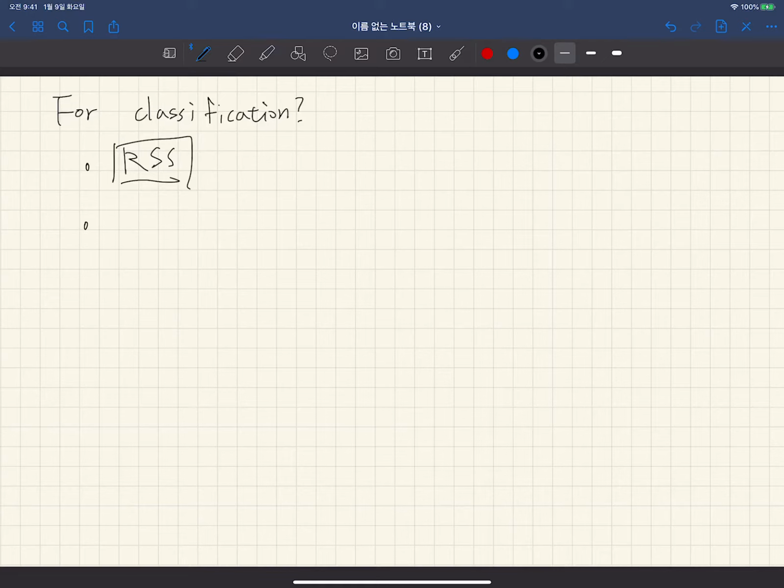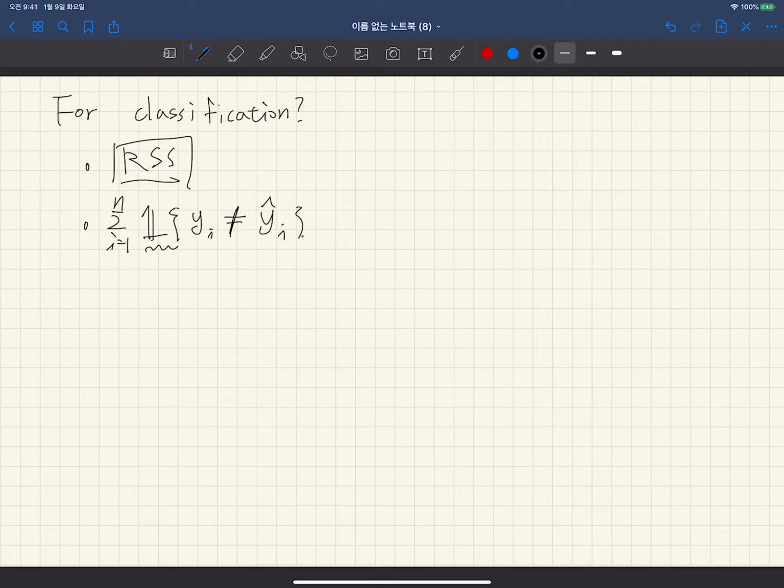So indeed, we want to minimize the error, the number of misclassified data points. Let's say y hat i is the output of your algorithm, then you just need to minimize the number of misclassified data points.